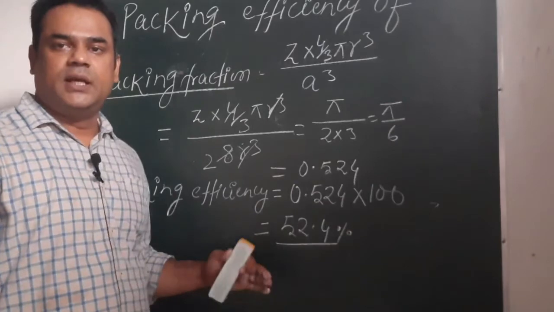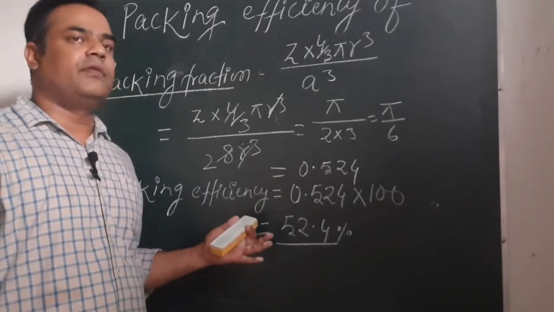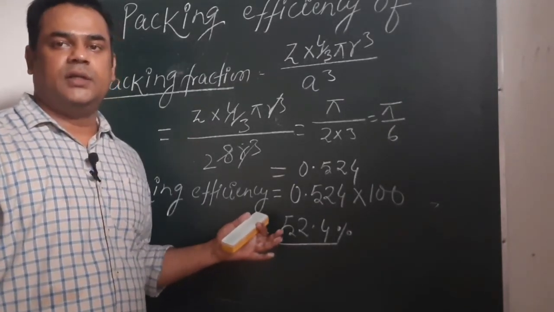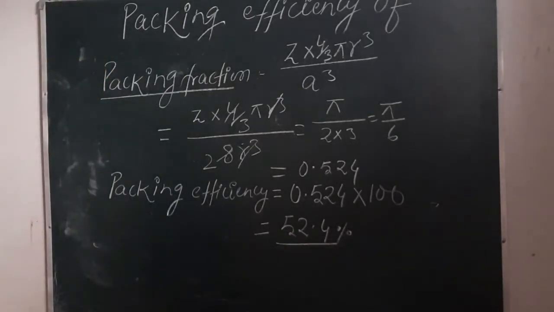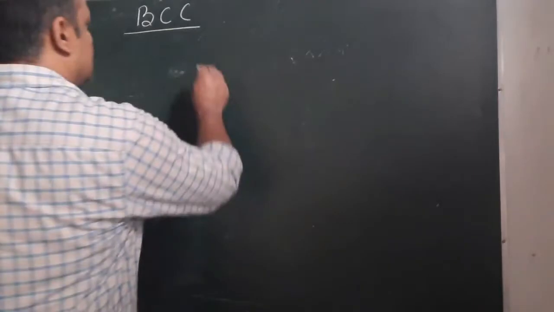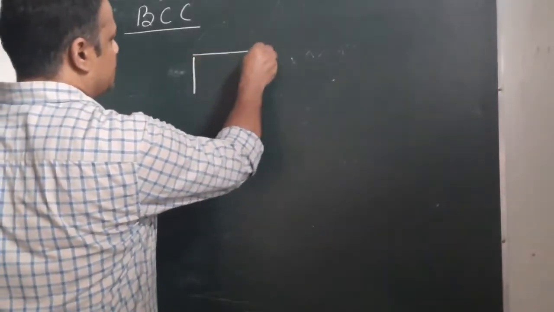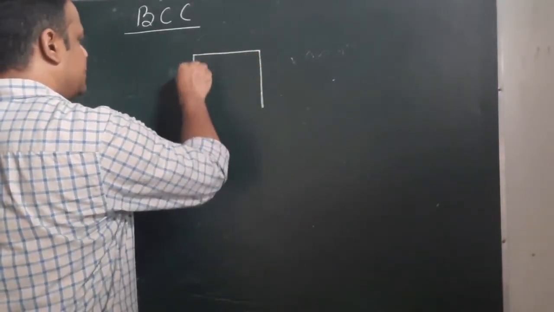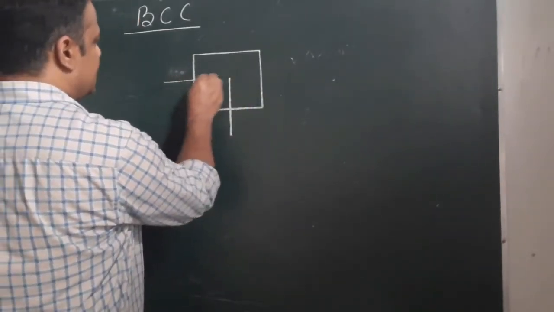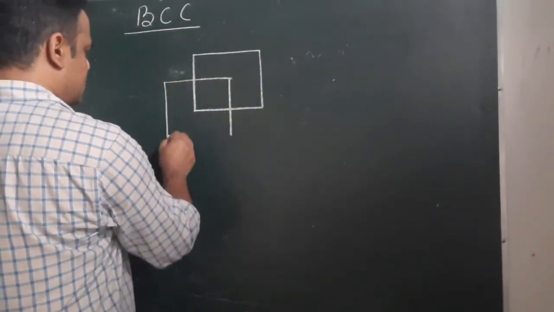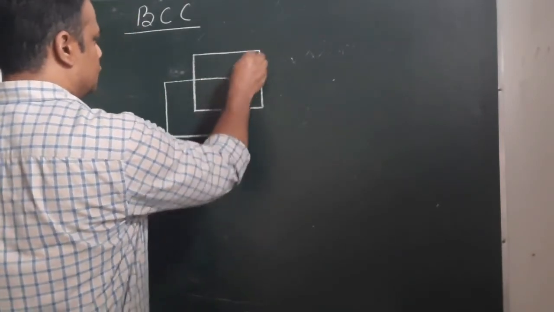Now we'll see the packing efficiency and packing fraction of the body centered unit cell. If we see the body centered unit cell, in BCC we know that constituent particles are present at the corners as well as at the body center. Body center means the center of the cube.